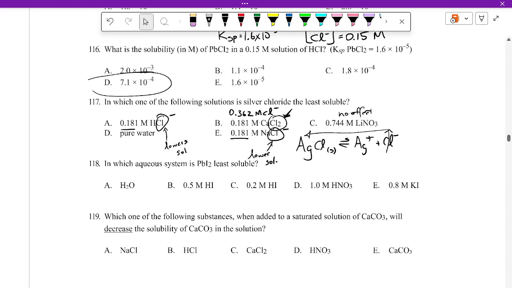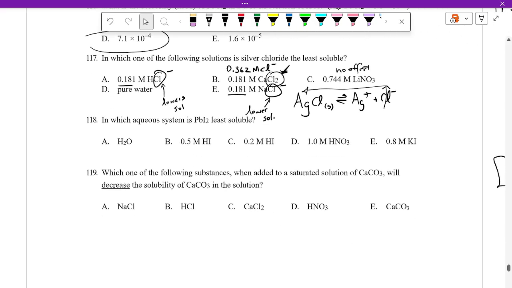119. Which of the following substances, when added to calcium carbonate, will decrease the solubility?